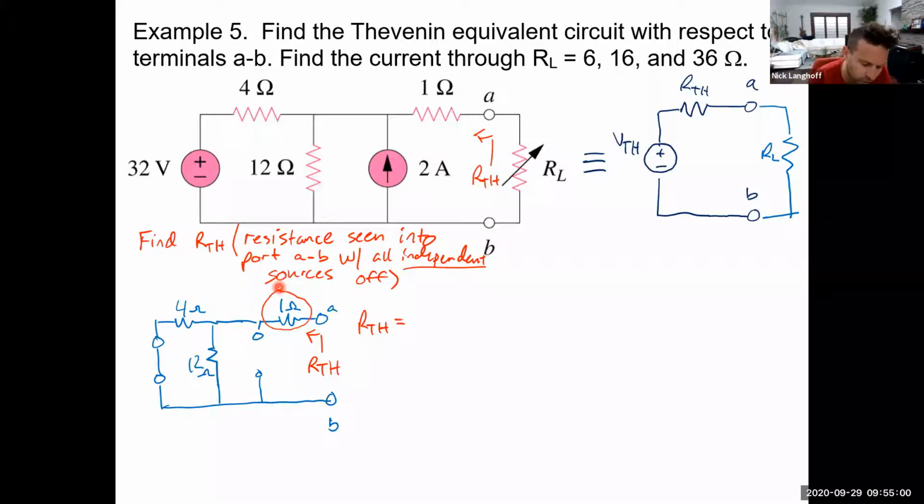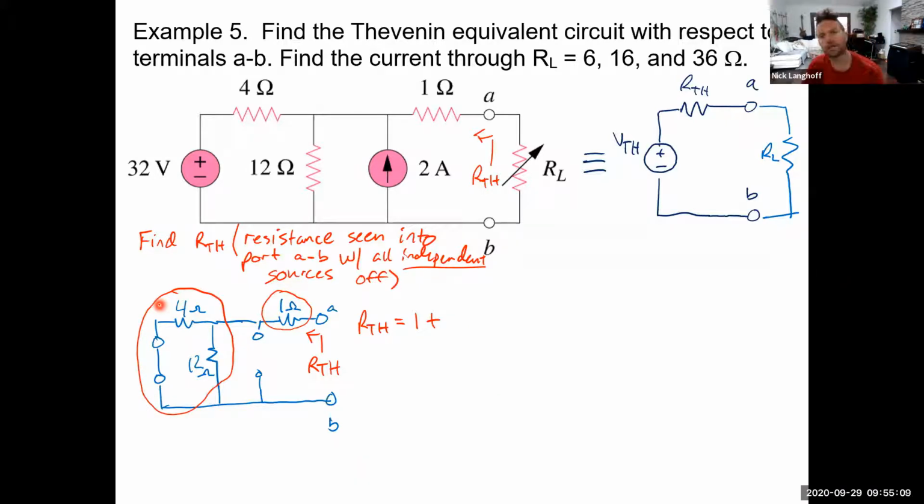So R Thevenin, it looks like we encounter a 1 ohm resistor. And then we encounter this, which, if we slide the 4 around to the side, looks like 4 parallel 12, which is 48 divided by 16, which is 3 ohms.